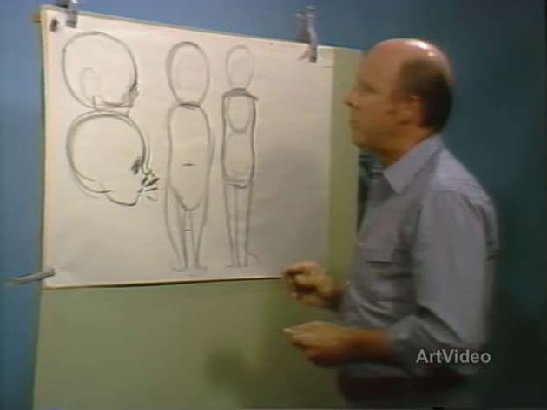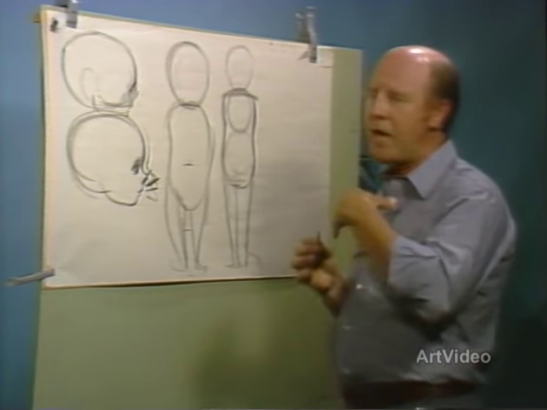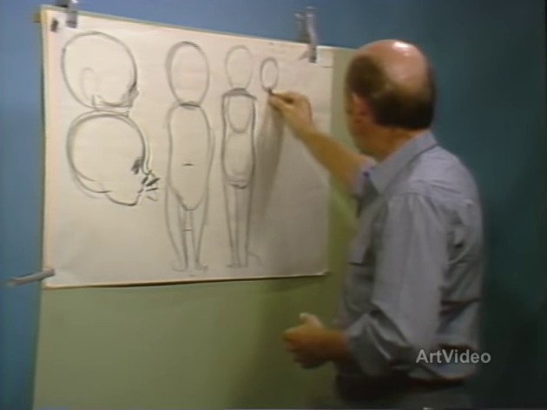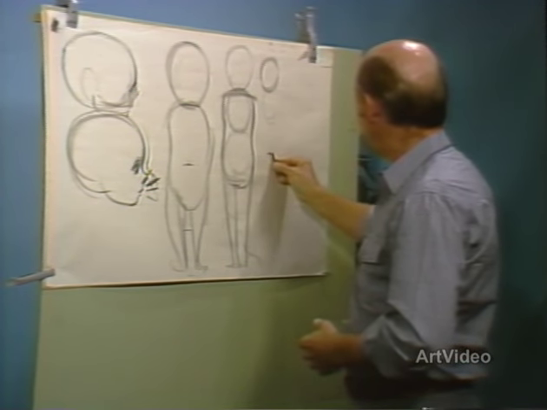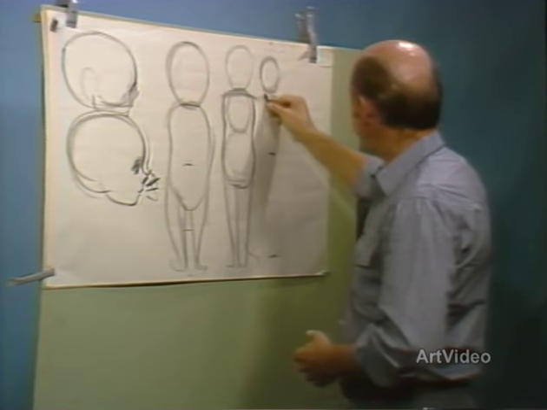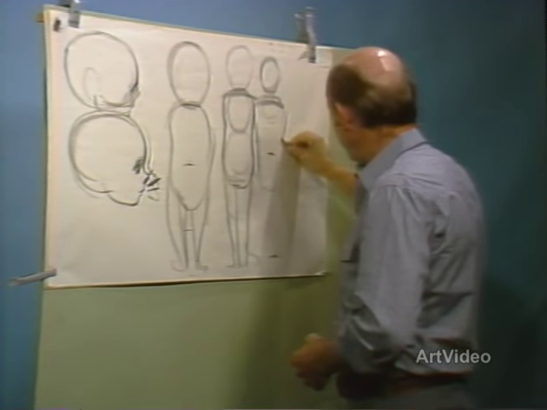As we get up to a 5-year-old, we're getting into a 6 heads high figure, which keeps expanding. And so you can start to see that the proportions are getting much more like what we consider normal proportions.